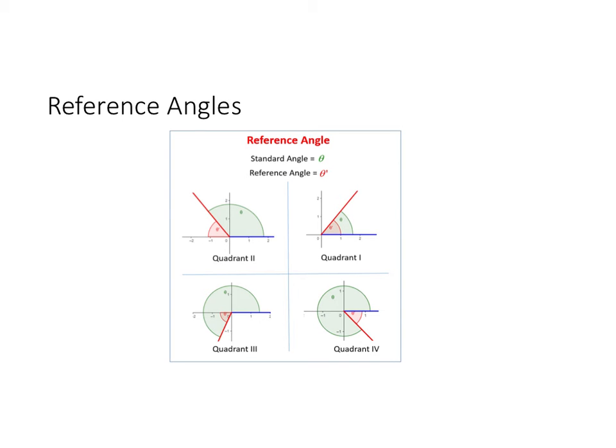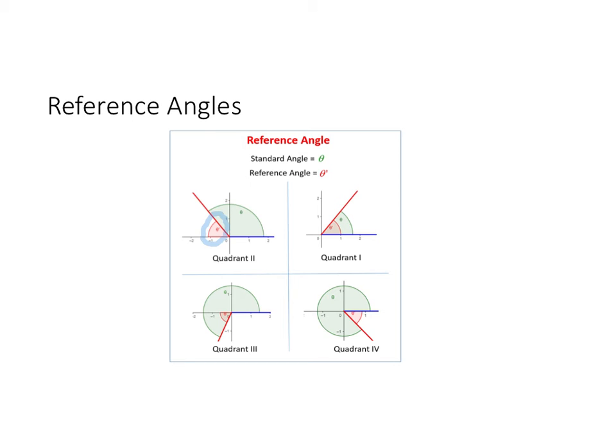Now, go to quadrant 2. Starts at the positive x-axis, the standard angle goes to the terminal side, which is in the second quadrant. But now look, the reference angle is considered to be this angle right here. Now, one thing you have to understand about the reference angle, it's always with respect to the x-axis.